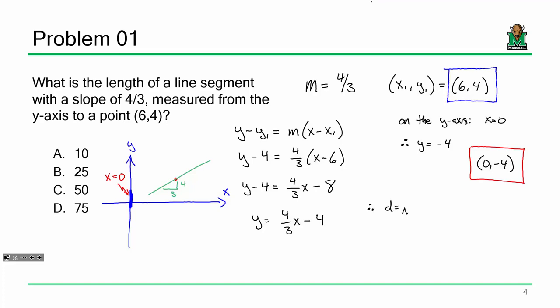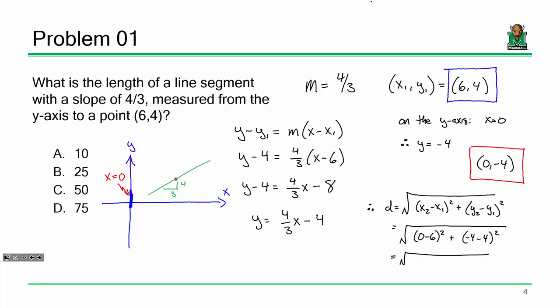D is the square root of (x2 minus x1) quantity squared plus (y2 minus y1) quantity squared, which is, what do we have? We've got (0 minus 6) quantity squared plus (negative 4 minus 4) quantity squared. See how I'm doing that? Make sure that you're keeping track of your signs.